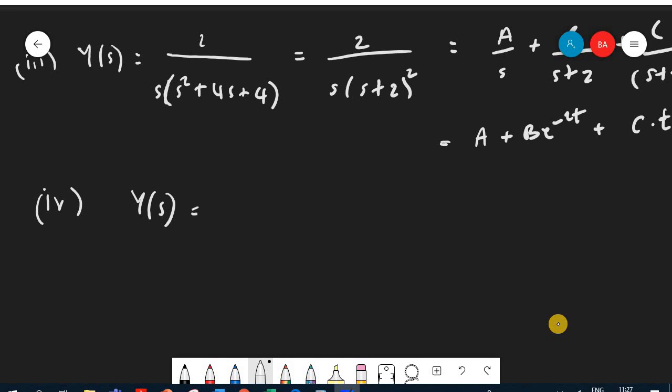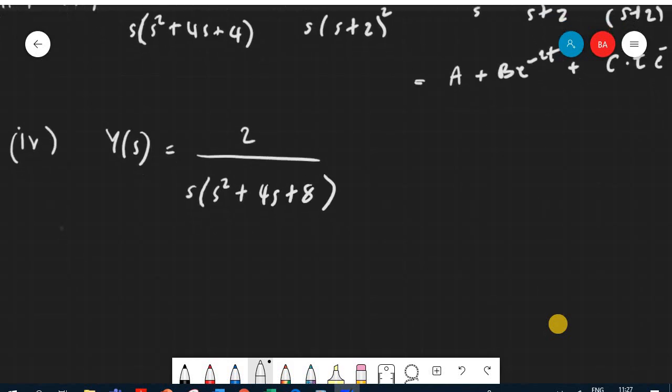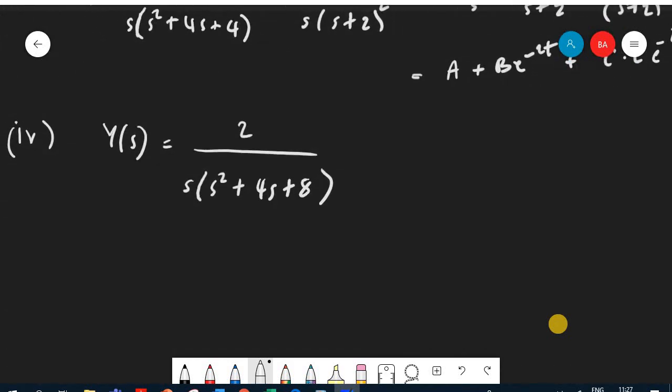And the last part, in which my system is going to be 2 over s into s squared plus 4s plus 8. And as I always say, if you look just at the poles, you know if it is oscillatory or not. If you just take the square root part, b squared minus 4ac, and check if you have complex roots, you'll find that you will have b squared, which is 16, minus 4ac, which is 32.